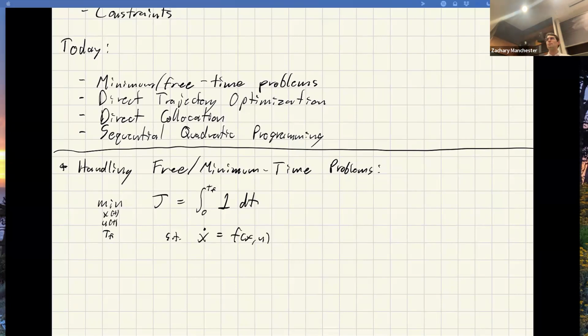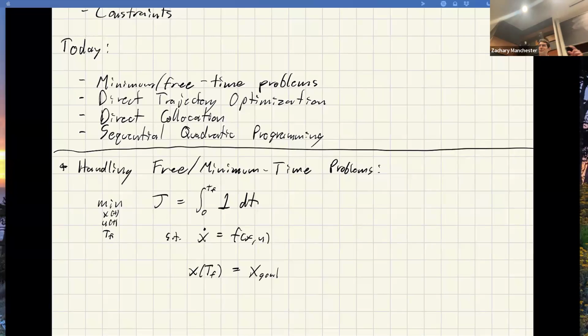And then to make these problems well posed, we need some extra constraints. In particular, for a min time problem, generally this means you've got some goal state. So x of t final equals x goal. And so this says basically you've got to get to the goal, and the cost function is just that. But you have this goal constraint.